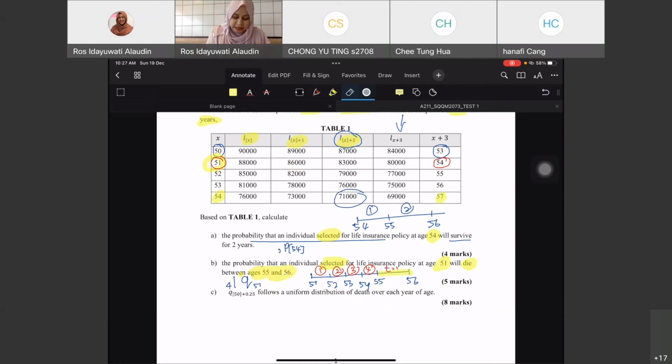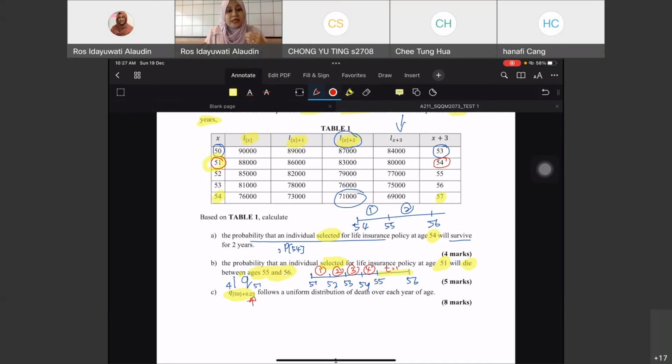Okay, so the third one, we have to find the probability of death for the selected individual at age 50 plus 0.25. The 0.25 is the fractional age. Remember, I told you about fractional age, where we have a decimal point at the back. But in the life table, we don't have such an age. We only have ages like 50, 51, 52.